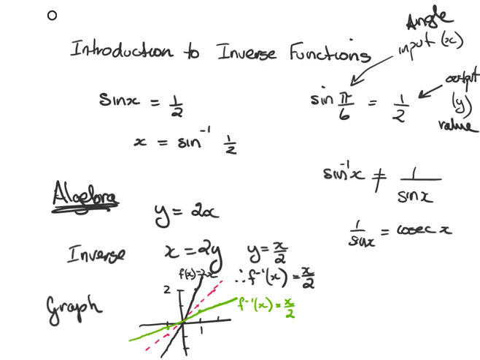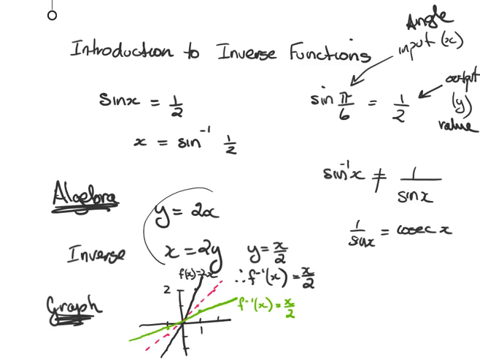So graphically, we've got an understanding of what's going to go on with our inverse functions. We're going to take our original function and reflect every point across y equals x to the other side.